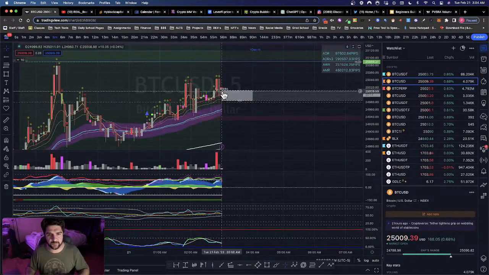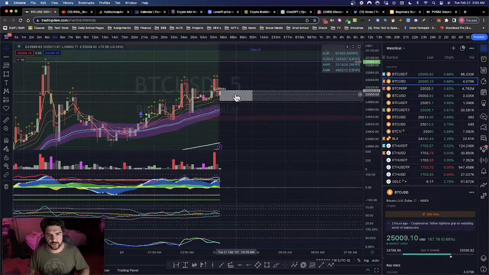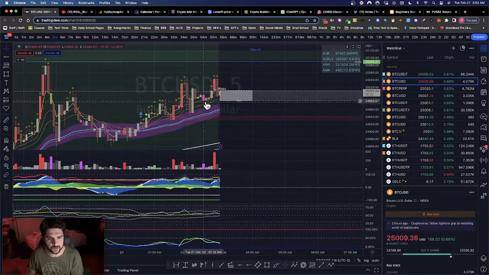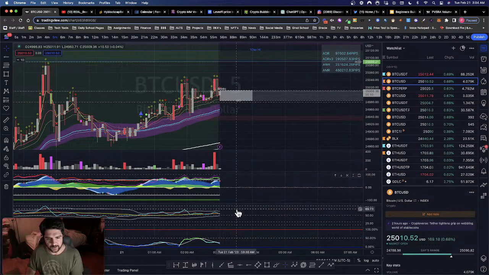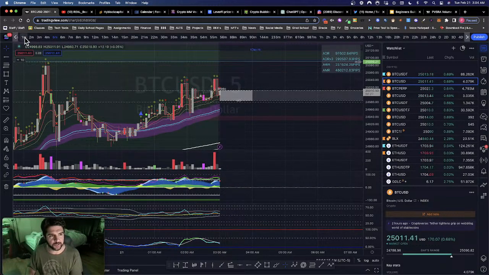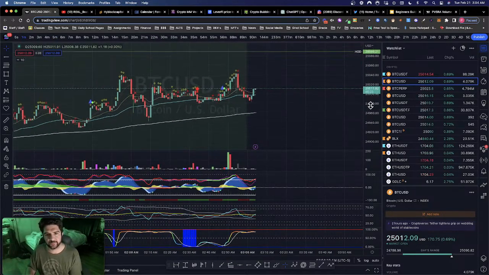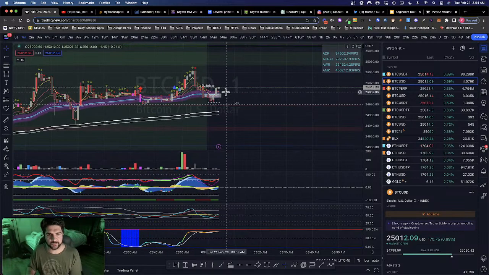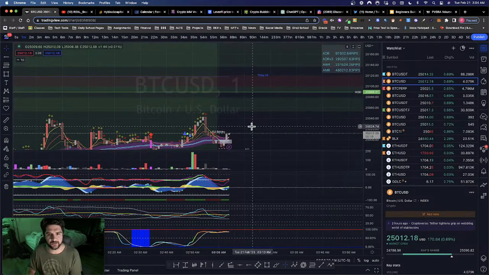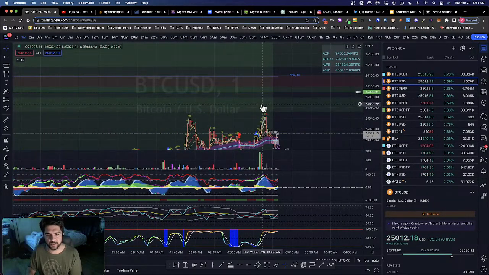In essence, I see that they've built a really nice long. I'll probably enter anyway right here and set my stop loss, because I feel like I've missed part of the trade, although maybe it'll come up. Who knows? It looks like we've got to follow price. Price will tell you. There we go, 1-minute chart. I would like to see how they built this nice long over here, and they are short from yesterday's high.